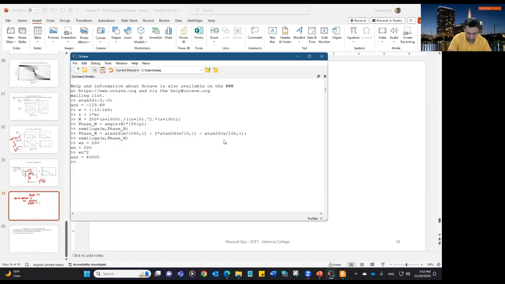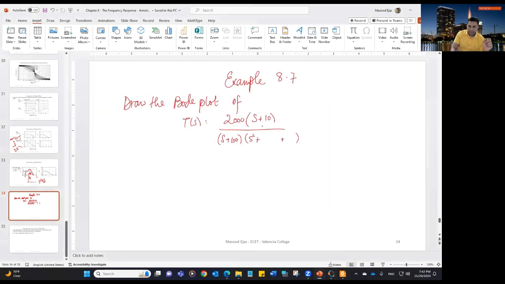And let's say zeta is 0.2, and 2 times zeta times omega n is going to be 80. Okay, so let's do this: s squared plus 80s plus 40,000.